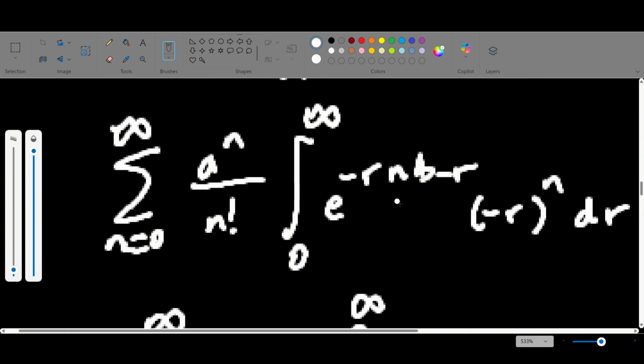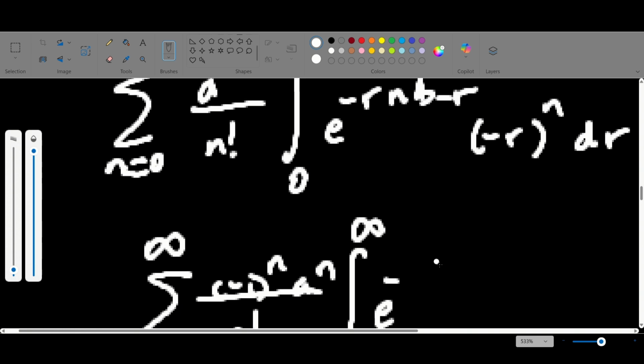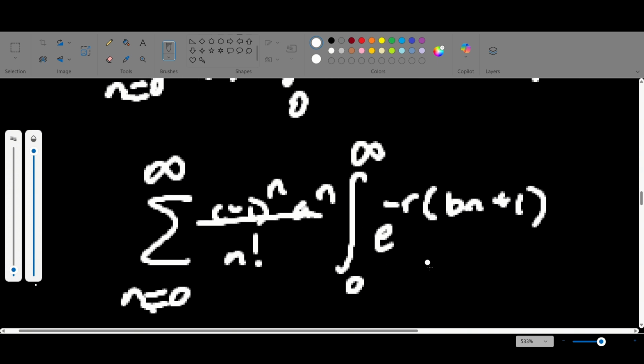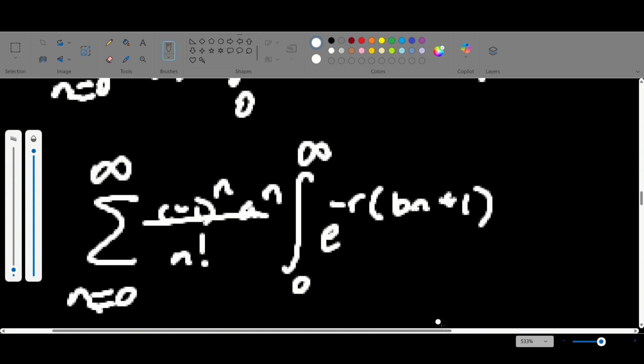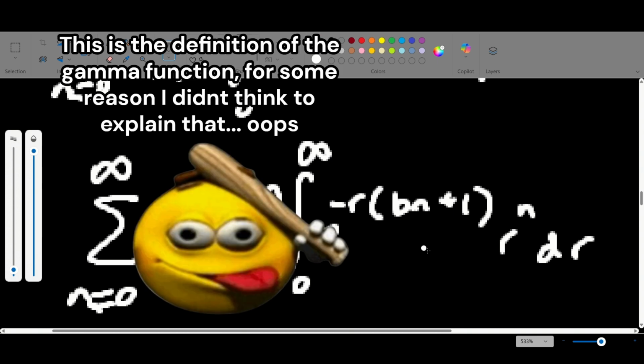And here I'll also factor the r out of this expression to get negative r times bn plus 1 and r to the n dr. We're trying to turn this into the case of basically e to the negative t times t to the n.